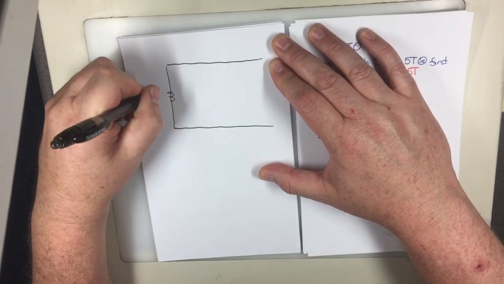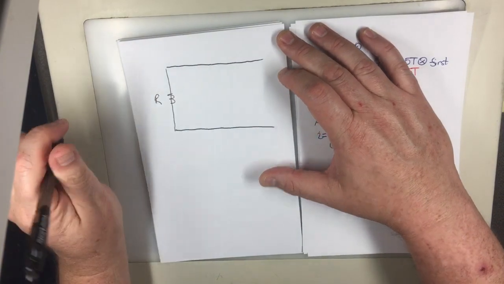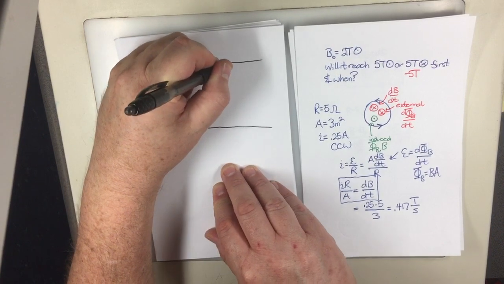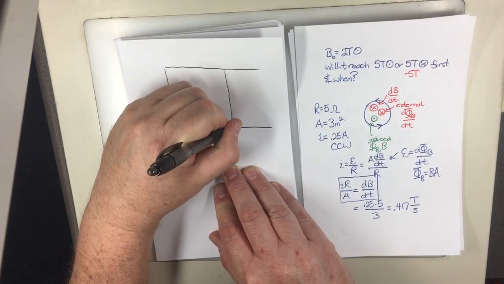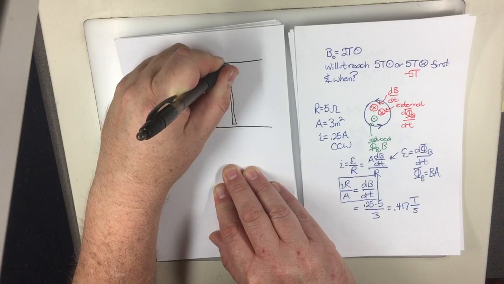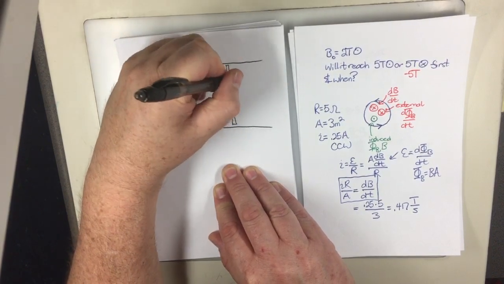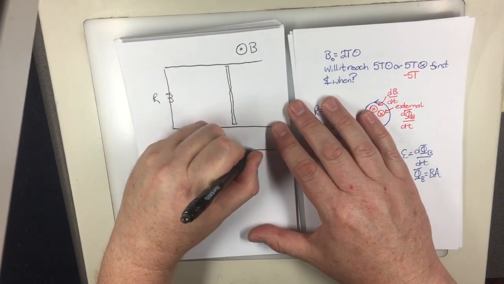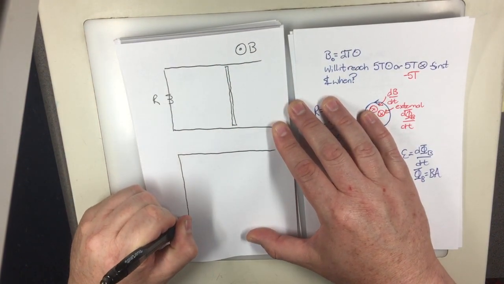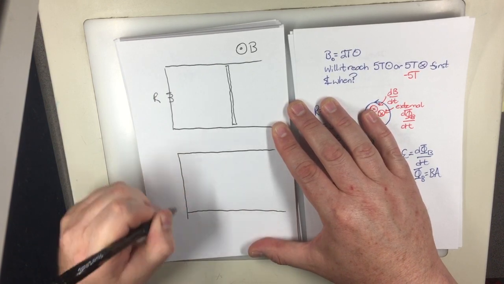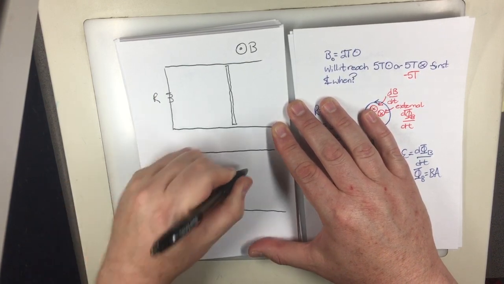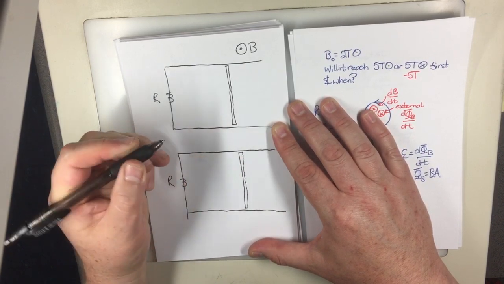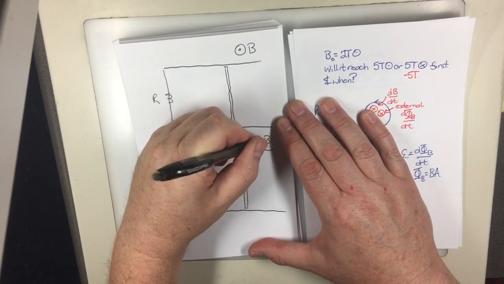So here, you have two long wires and a resistor, and here you have a bar. The B field is out in this case. So in both cases, the B field is out.